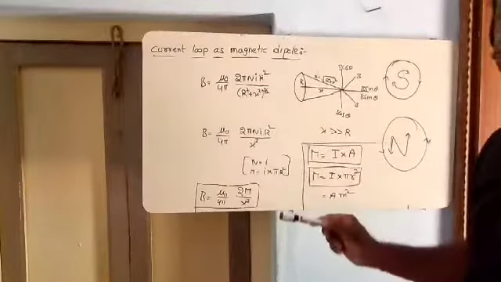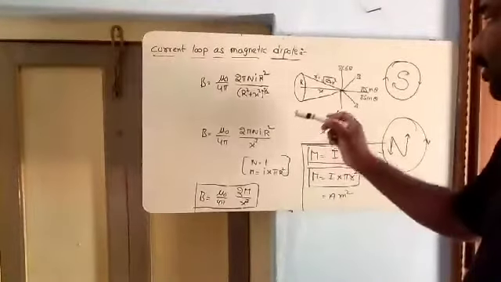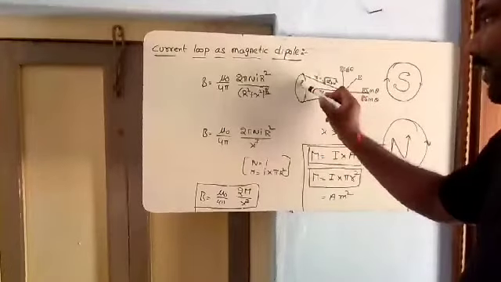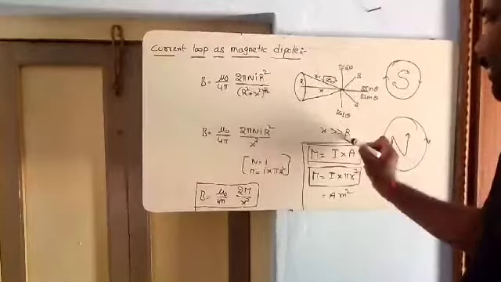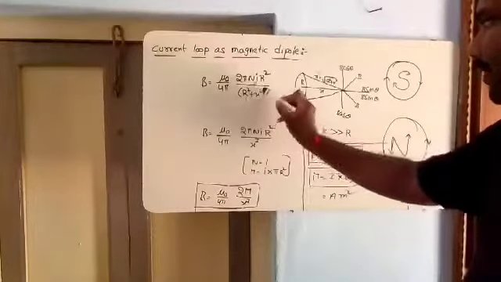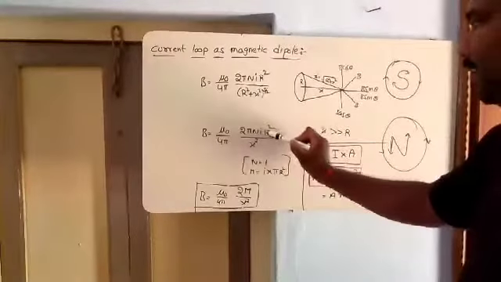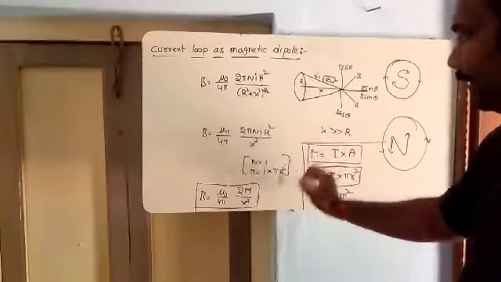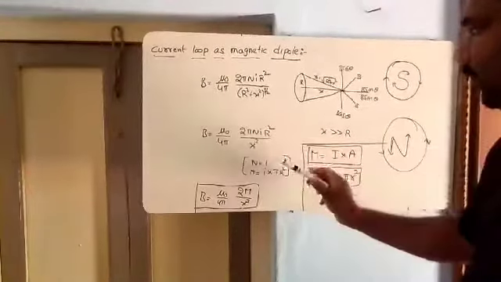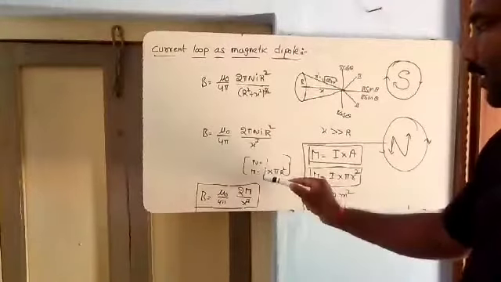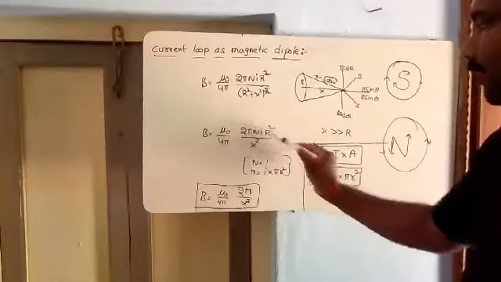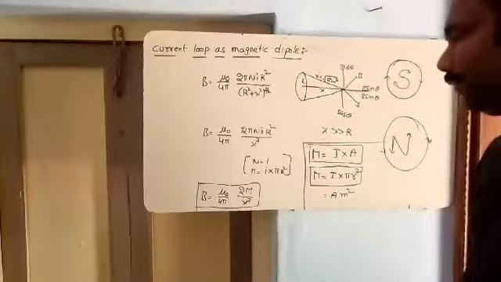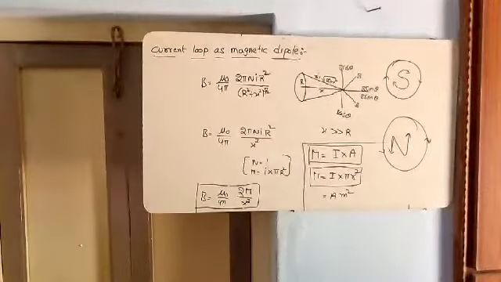But here I have to take one condition: if the axial distance x is much greater than the radius, then you can neglect r. Then it will be 2 pi n I r squared by x cubed. Here the number of loops is 1, and in place of I into pi r squared, I can use m. Finally I got B is equal to mu naught by 4 pi into 2m by x cubed.